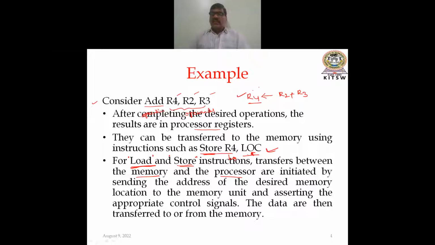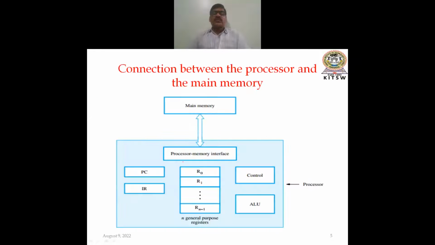Now the result we want to store again into memory, so again the control unit will send the signal to transfer this data from the register R4 to the memory location named LOC. So Load and Store are the two important instructions used for transferring data between the memory and the processor.